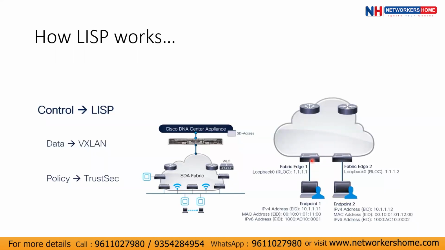Based on the authentication and authorization policy you have already defined in ISE, it gets this type of tagging, and the fabric edge registers this endpoint 1 to the control plane, saying, hey, I have one user. The IP address of that user is 10.1.1.11, and it is connected behind me. That means it gives its own RLOC address, which is 1.1.1.1. We'll see how that table is created and what the packet flow would be.